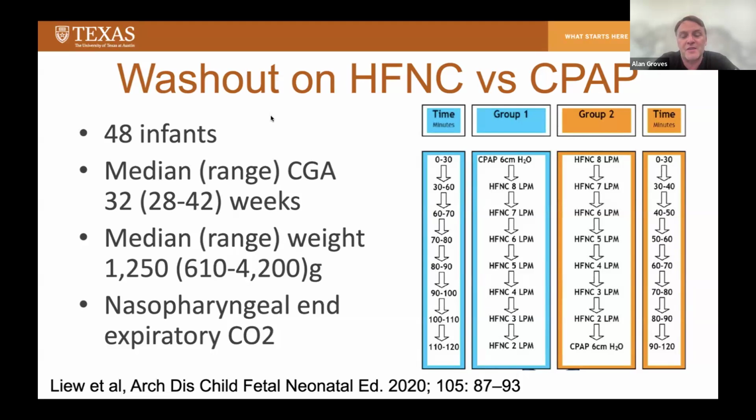So in group 1, they started those babies on CPAP of 6, and then transitioned them 30 minutes later to high flow of 8 before weaning down to high flow of 2. And in group 2, they started on high flow of 8 down to high flow of 2, and then at the end, they put them on CPAP of 6. So CPAP was either at the very first 30 minutes or the last 10 minutes of the study, and hopefully, therefore, we've got a reasonable crossover, so there's no systematic reason why high flow should appear different from CPAP in this cohort.